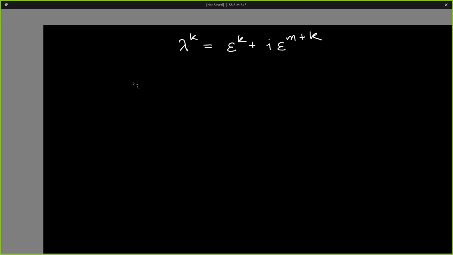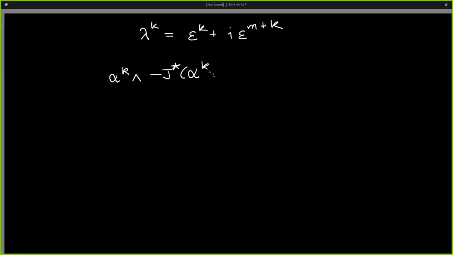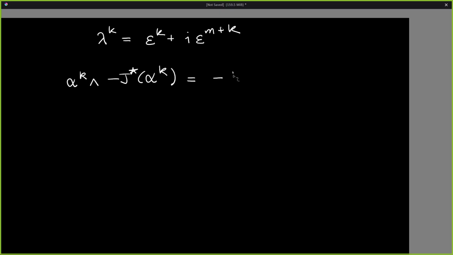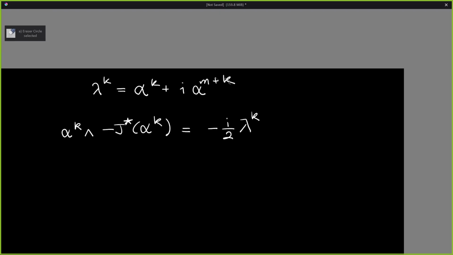If we use pairs of our bases, then we can find that minus J star of alpha_k is equal to minus i over 2 lambda_k. So let's replace this: this will become alpha, this will become alpha, and instead of calling it alpha_{m+k}, we're going to call it minus J star alpha_k.